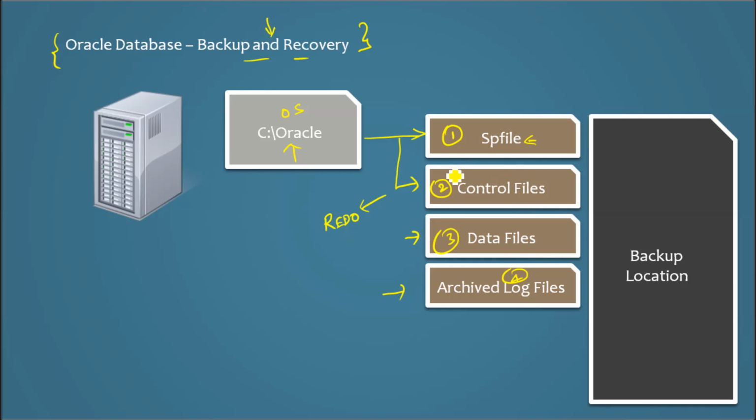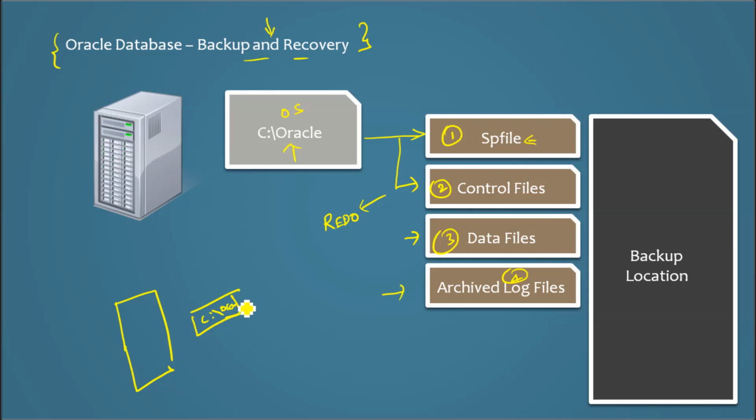In most scenarios, in case of an issue and if we need to restore from a backup, we might build a new machine and install the same version of Oracle.